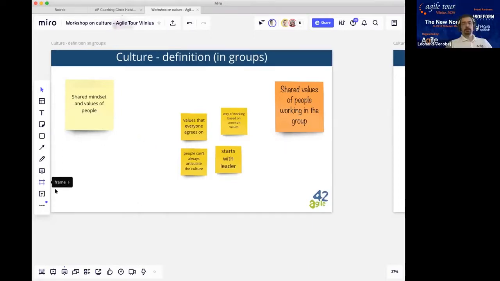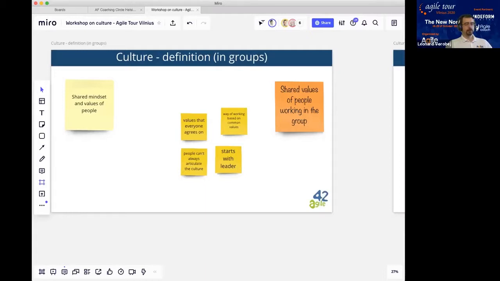Yes, I can comment. We just tried to bring our ideas and form one sticky note for that. So this is it. We think that it's about shared values of people and working in the group. So it's not about organization.